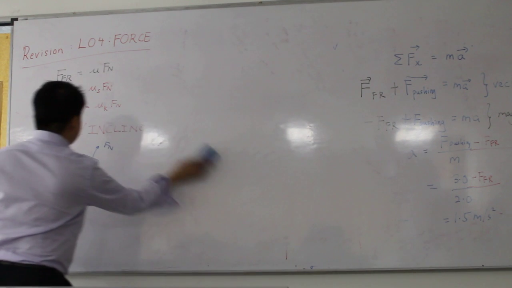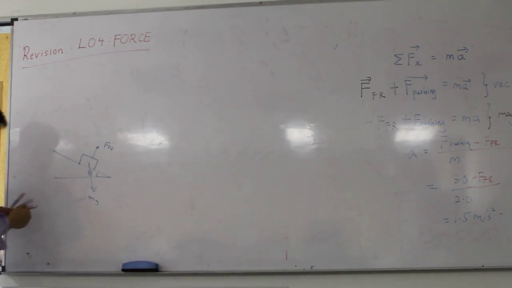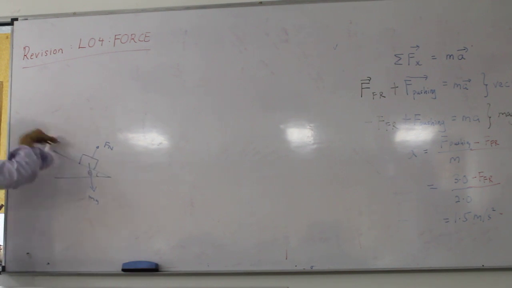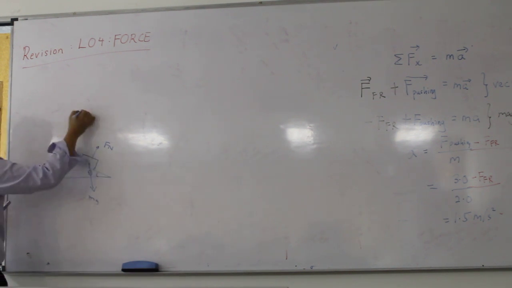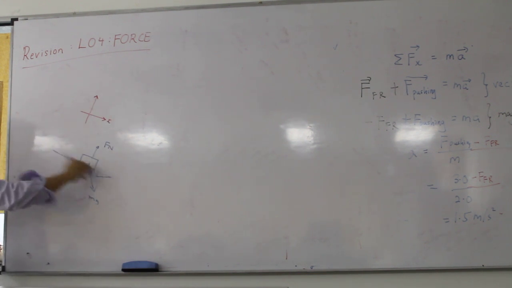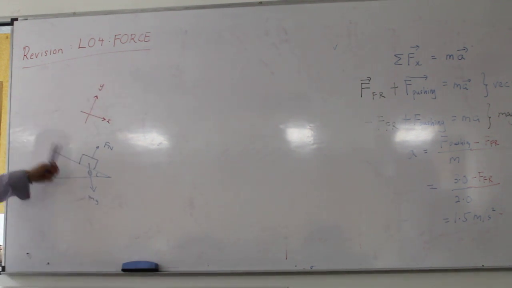So for this case, if we do not apply any force here, we just have the natural forces, like the normal force and mg or weight, which means we can predict that the object is moving down. Let me put the x direction parallel to the surface, the incline, and the y direction like this.